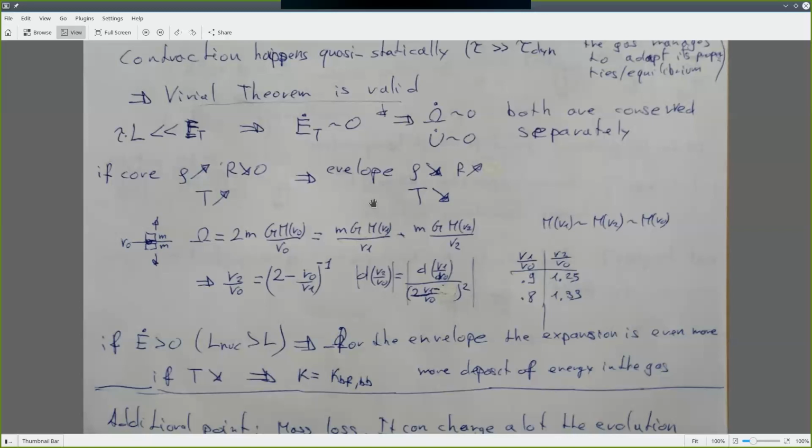The reason is because during the evolution of a giant, the star will start to lose a lot of mass.